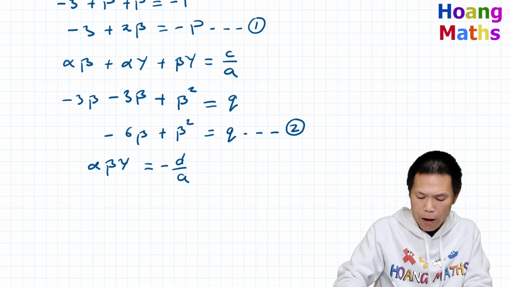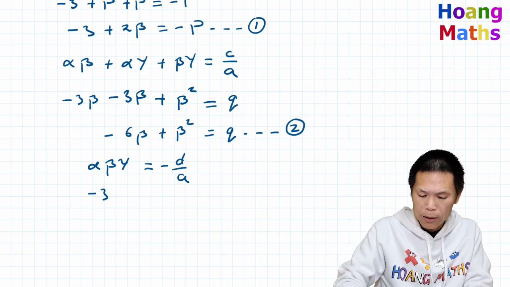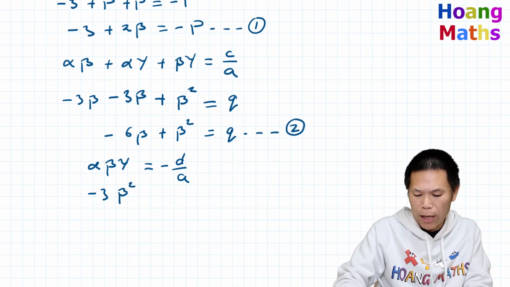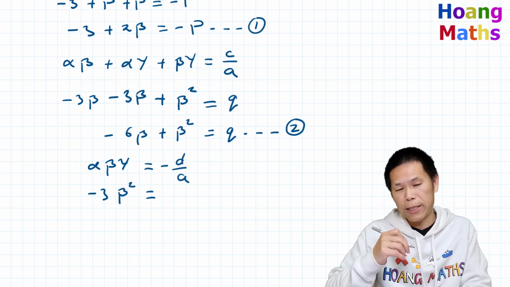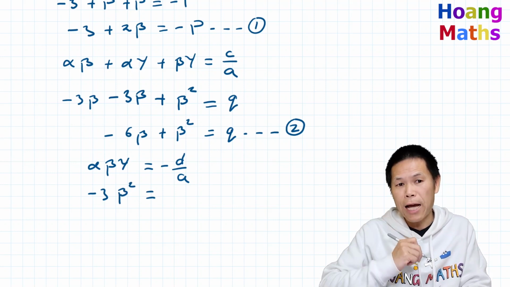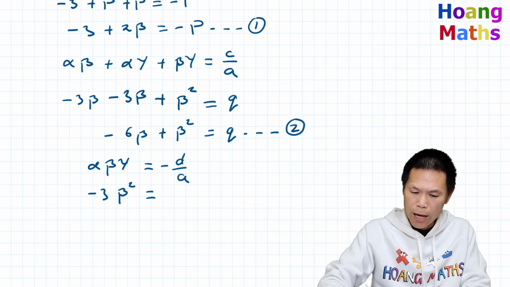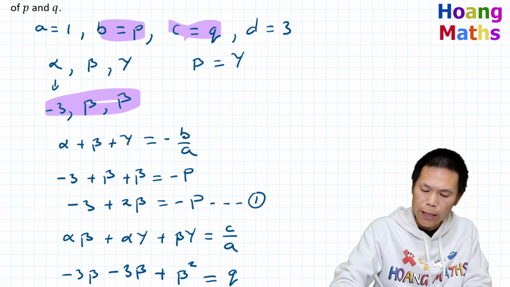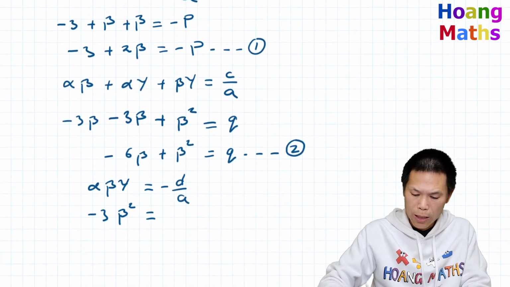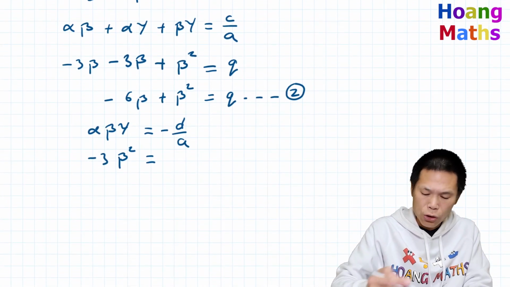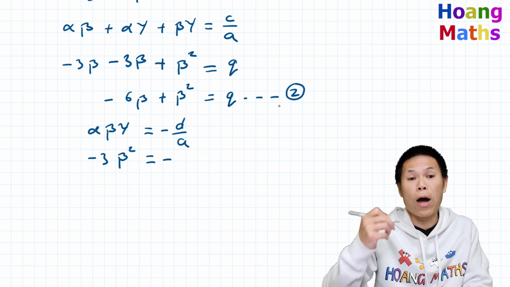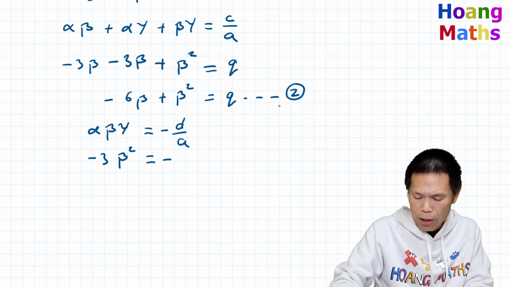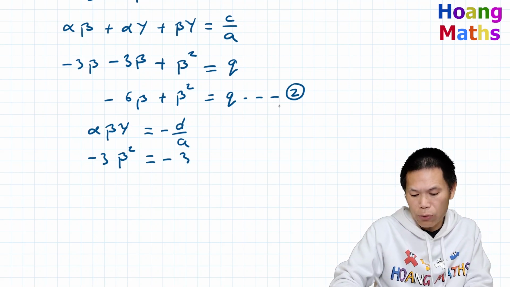Don't forget, alpha is negative 3. So beta times gamma becomes beta squared, because gamma is equal to beta. And d is 3, so let me replace this: negative 3 over 1, because a is 1, so negative 3 over 1 is negative 3.